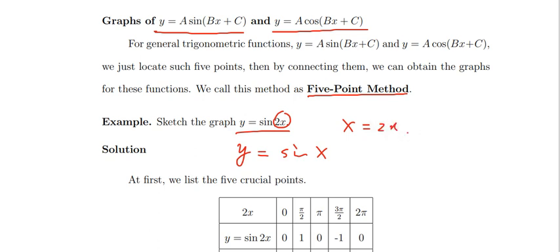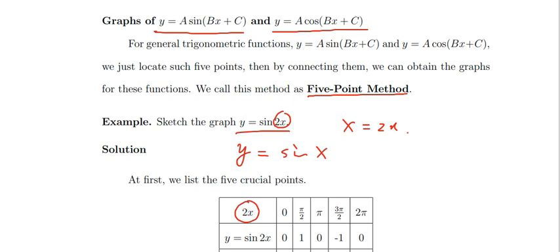So for sine of this, we have 5 points. We just regard 2x as one term. So when 2x equals those 5 angles, 0, pi over 2, pi, 3 pi over 2, 2 pi, we know the sine values are 0, 1, 0, negative 1, 0.